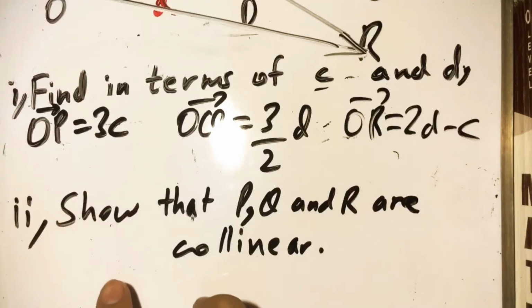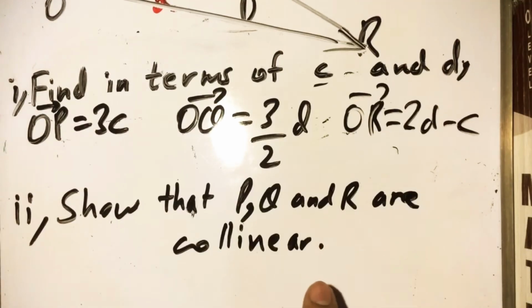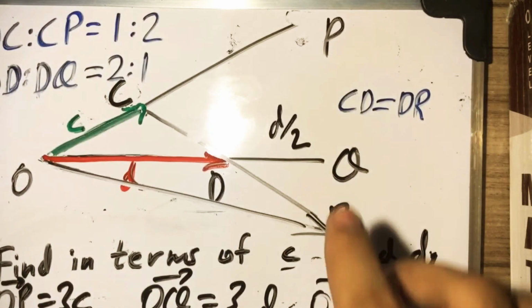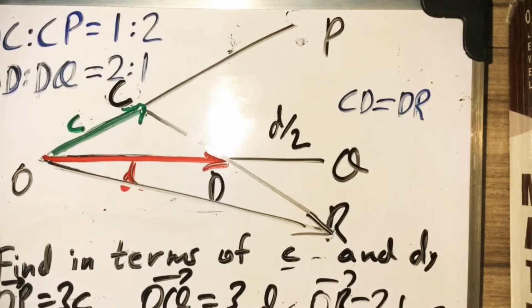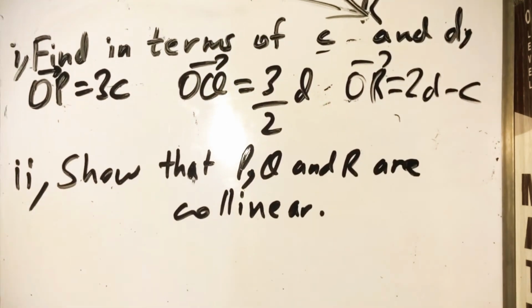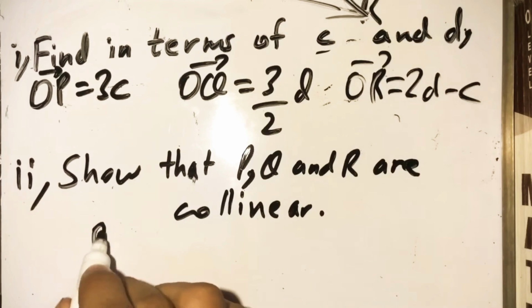Now the next part says show that P, Q and R are collinear. That means that P, Q and R are lying on the same line. For this we'll first find PQ.